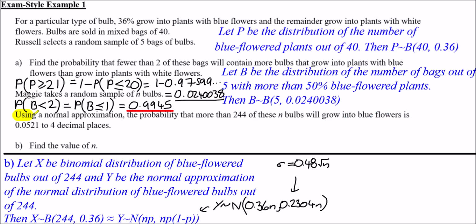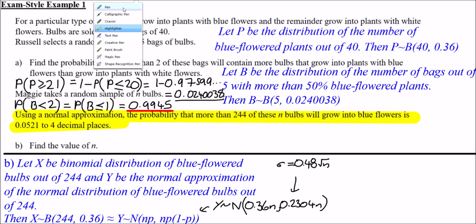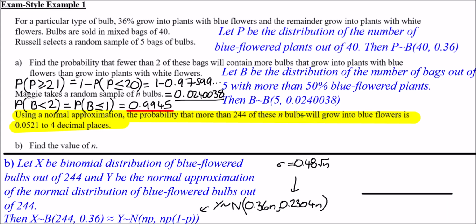This information: the probability that more than 244 of these n bulbs will grow into blue flowers is 0.0521. So if I get the pen going and just sketch this out, which is normally a good idea, the normal approximation will obviously look like a normal curve.